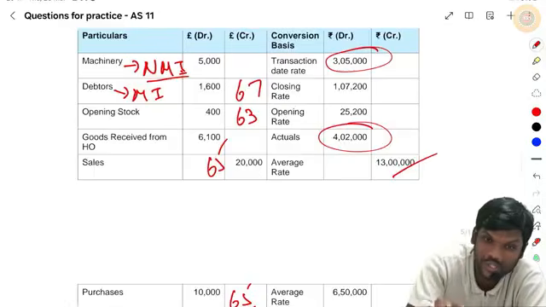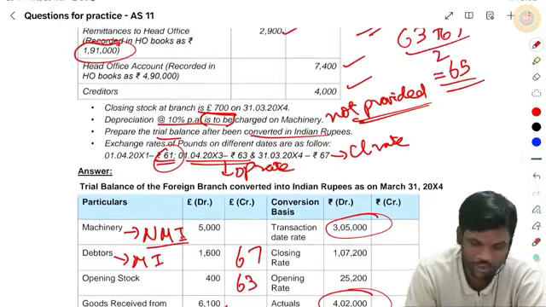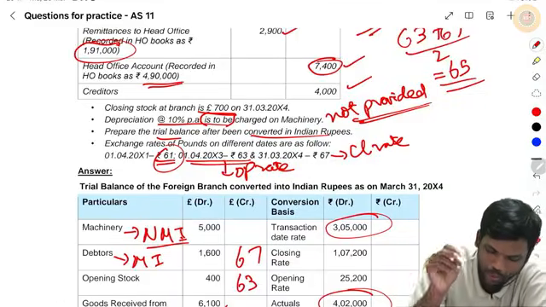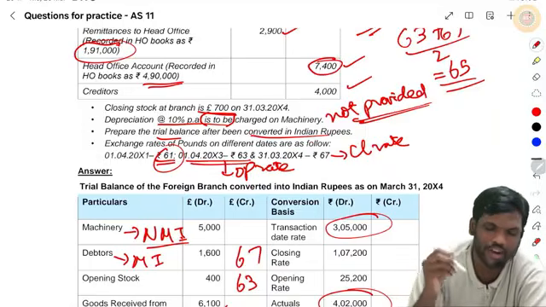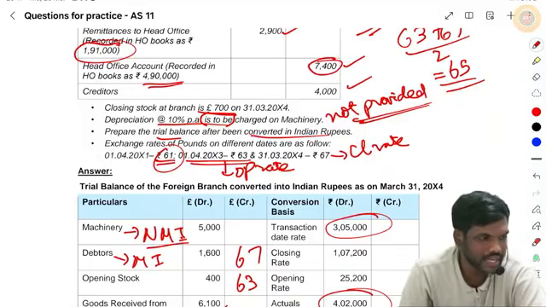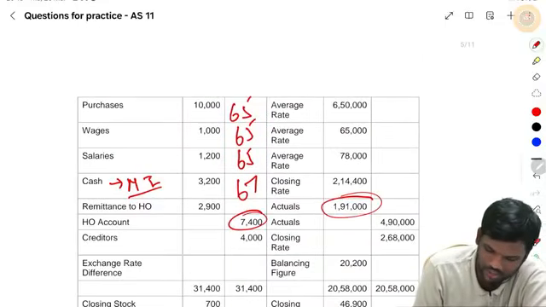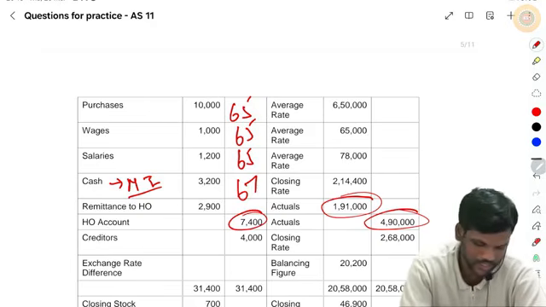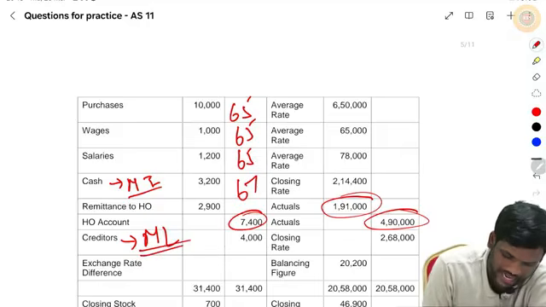Like how in branch books we have head office account, similarly in head office books we will have branch account. That will give you the INR amount. So 7,400 pounds is what is there in branch books. Correspondingly, the contra entry in head office books is 4,90,000. So instead of converting, write the actual INR amount of 4,90,000.